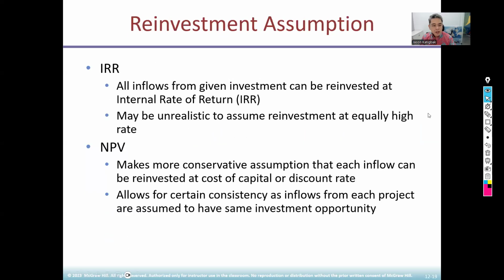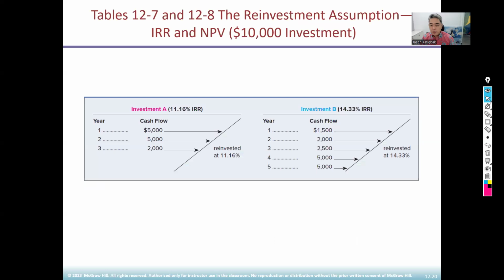Now I have here the example that we're talking about on the IRR, right? On the MIRR.